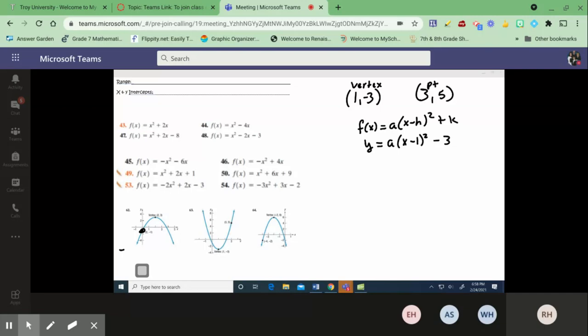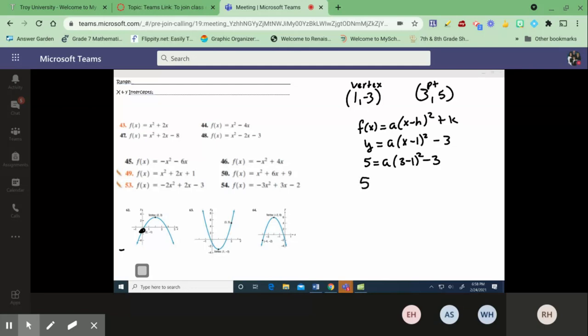Then my vertex. You know what else can I put in instead of y, a times minus 3.